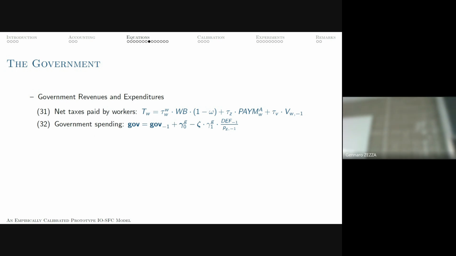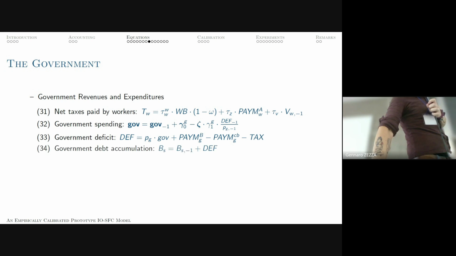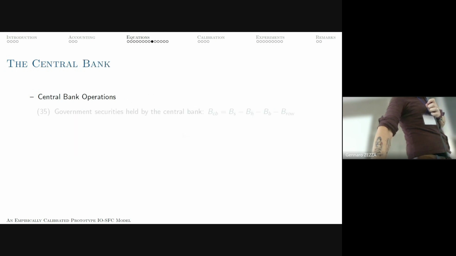As for government spending, it is based on the previous government spending plus shocks, and government spending tends to revert to a level which is in line with the European targets. So, zero deficit or whatever. Central bank is quite standard.